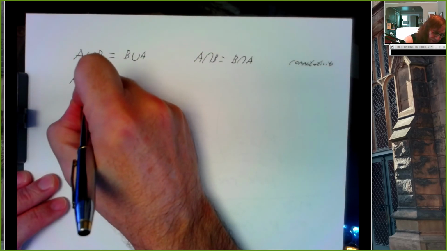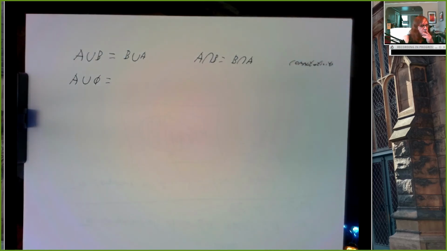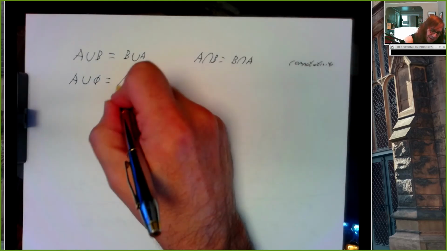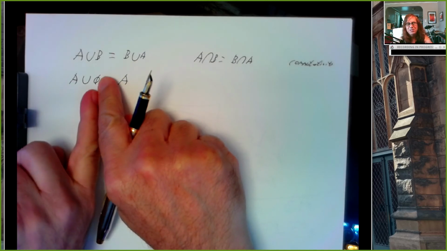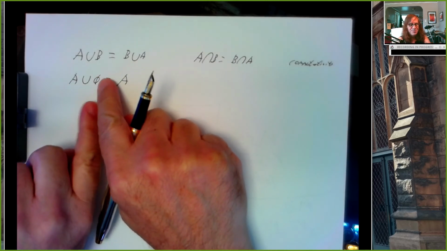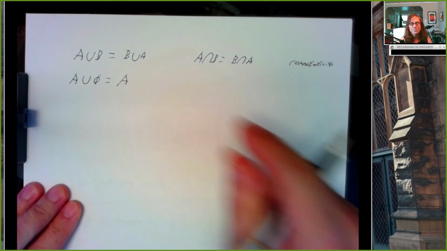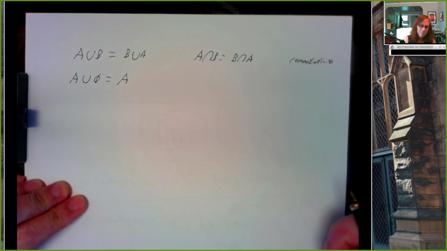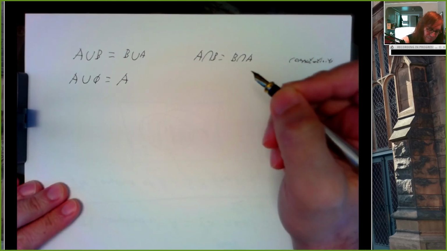Okay, what happens if I take A and I union it with the empty set? What do you think I end up with? Will it just be A? Just ends up being A. Because this is the set of things that are in A or in the empty set. Well, there's nothing in the empty set, so this is exactly the set of things in A. So it's just A. So both unions and intersections are commutative, right?